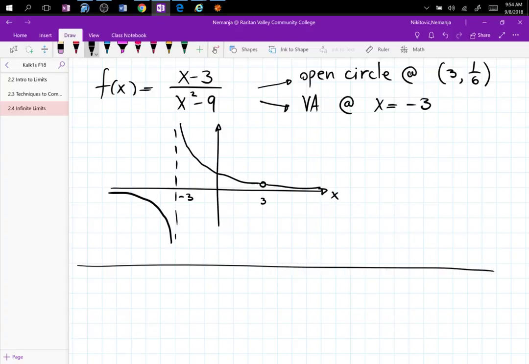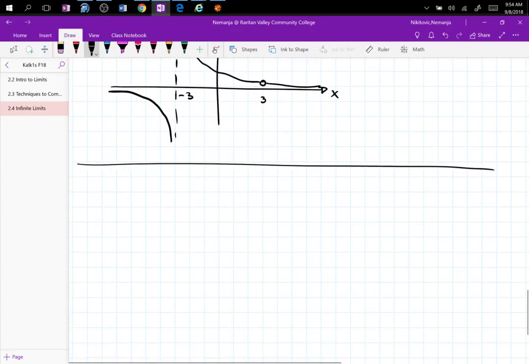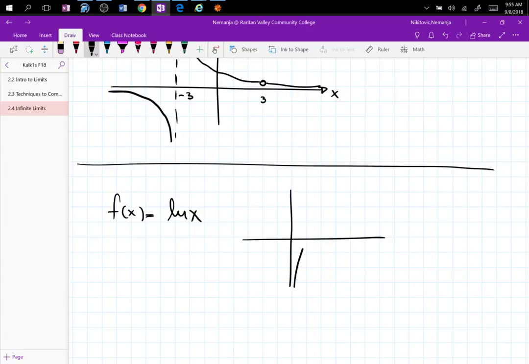For certain functions, it just pays to know what they look like. For instance, f of x equals ln of x would have a vertical asymptote at x equals 0. The function would look like this, going through 1.